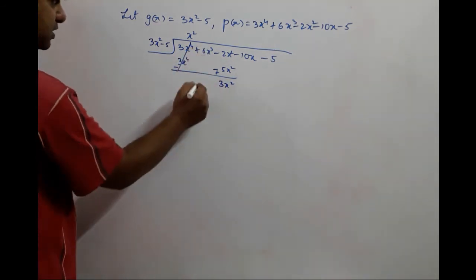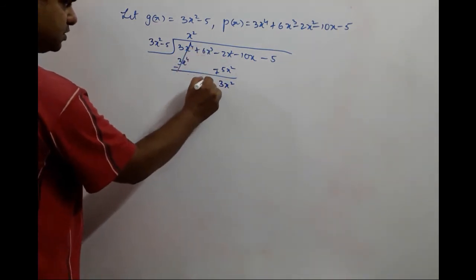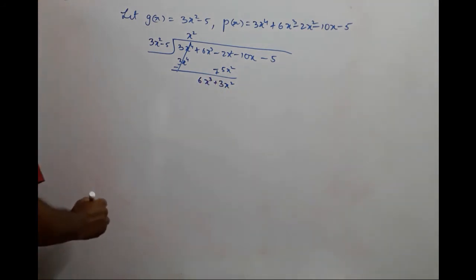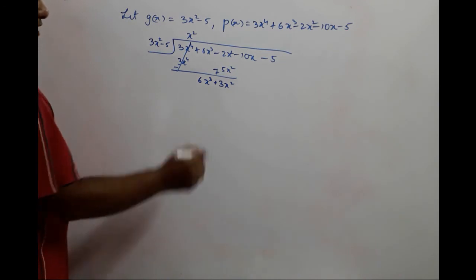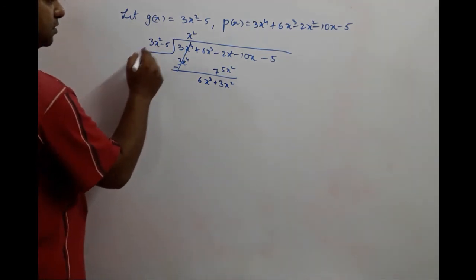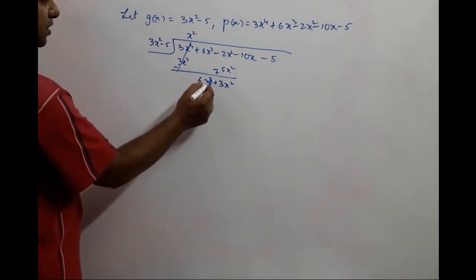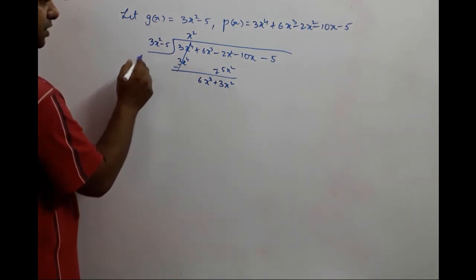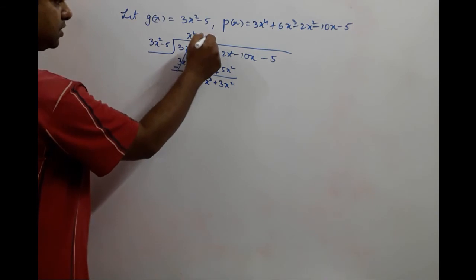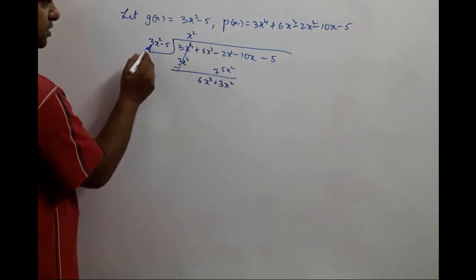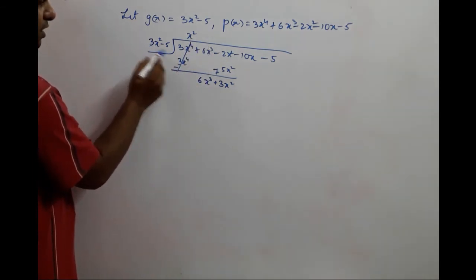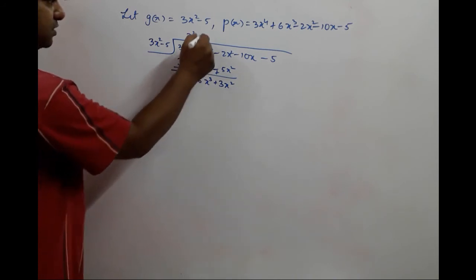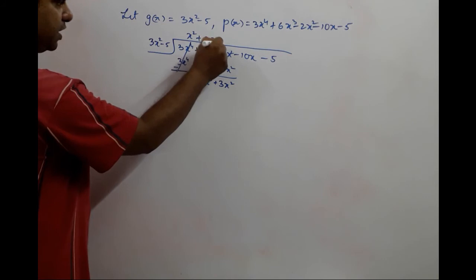Let us bring this 6x cube down, and we put it down as plus over here. Now the highest power is 3 in the dividend, highest power in the divisor is 2, which means we need one more x. Since 3 is in the divisor and 6 is in the dividend, we can divide and get 2x.